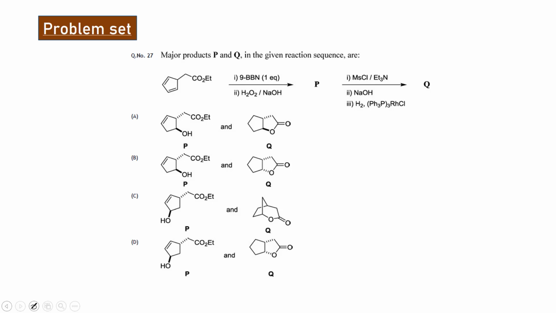In the first step they added 9-BBN followed by H2O2, NaOH, and they found P, and after that they added mesyl chloride, Et3N, NaOH and this Wilkinson catalyst and found product Q. So they have asked what will be the structures of P and Q. So let's go step by step.